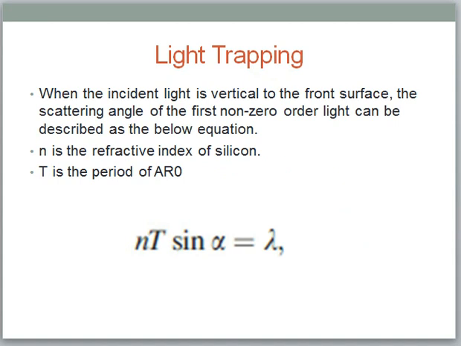When the incident light is vertical to the front surface, the scattering angle of the first non-zero order light can be described by the below equation. N is the refractive index of silicon, T is the period of AR0. As we recall, AR0 is silicon nitride coated silicon nanowire array.